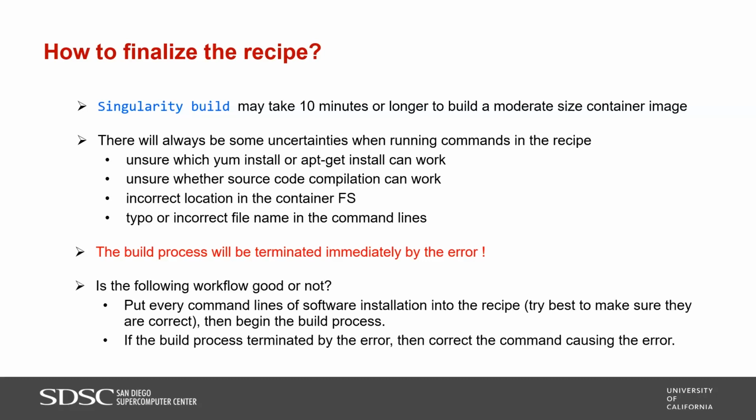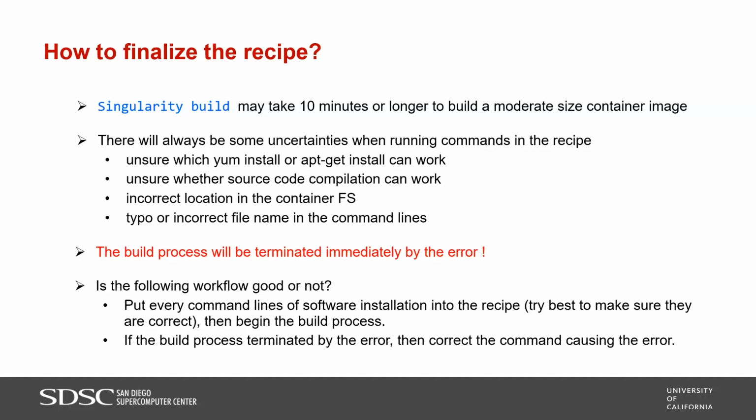So the workflow is like this: you run, you see those errors, you fix those errors, and then you run the Singularity build command again, until you see your next error, and you fix your next error and run again, and you repeat that until every error is fixed.